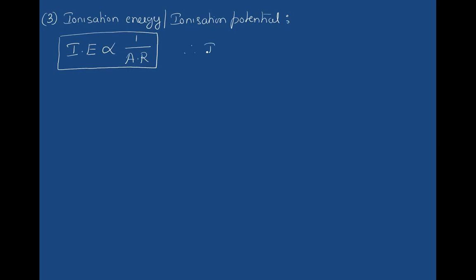Therefore, the ionization energy of group 2 elements will be greater than the ionization energy of group 1 elements. This is with respect to first ionization energy. We can also explain it because group 2 possesses a completely filled electronic configuration.